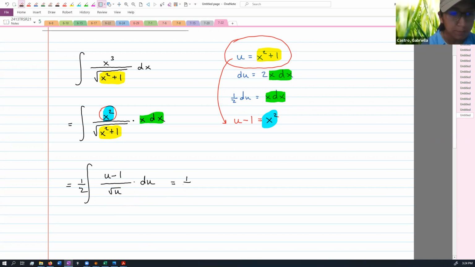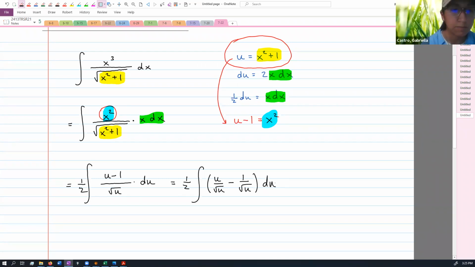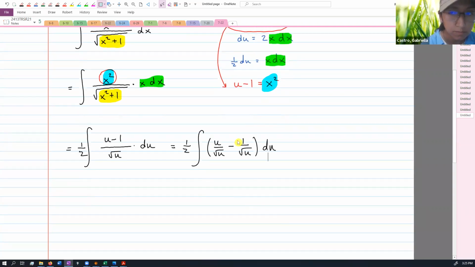Could I maybe break it up to where it's 1 over the square root u? Yes. You're going to split this up like this. Now you can do this, Gabriella, right? You can do that because you have 2 terms on top and 1 on the bottom. You just can't do it when it's the other way around, right? So now we can split it up into 2 fractions.